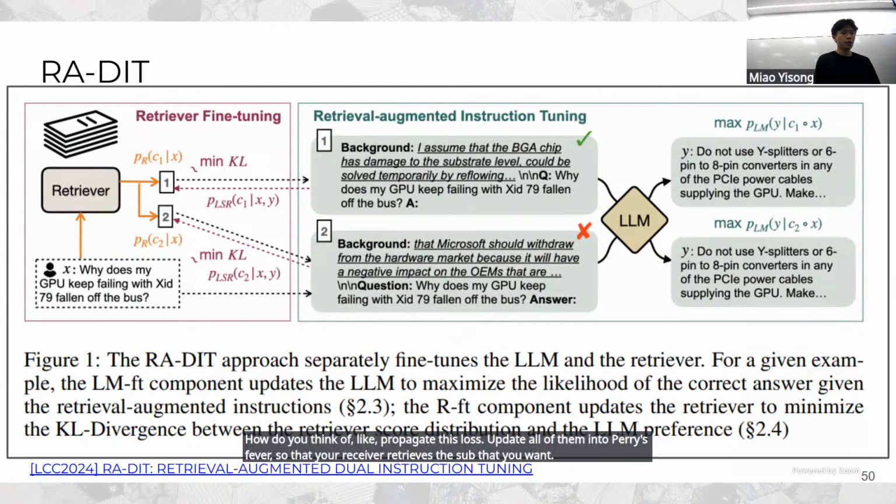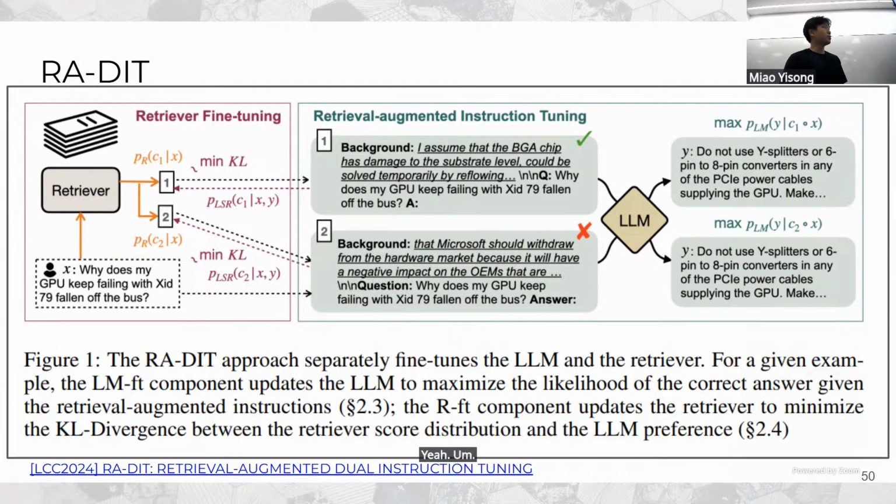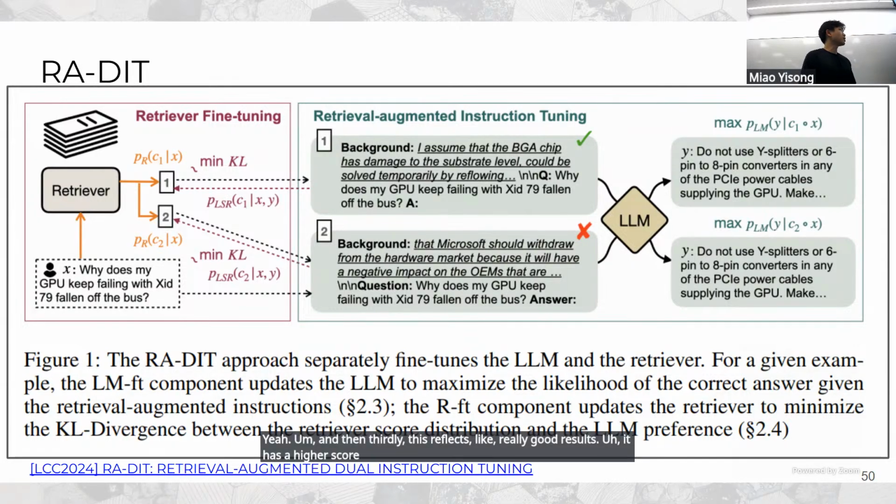Empirically, this paper presents really good results. It has a higher score on multiple benchmarks. So I think the main takeaway here is that by integrating the loss in the LLM into the retriever, you can bind the two together, and you get a better model overall that retrieves what you need.